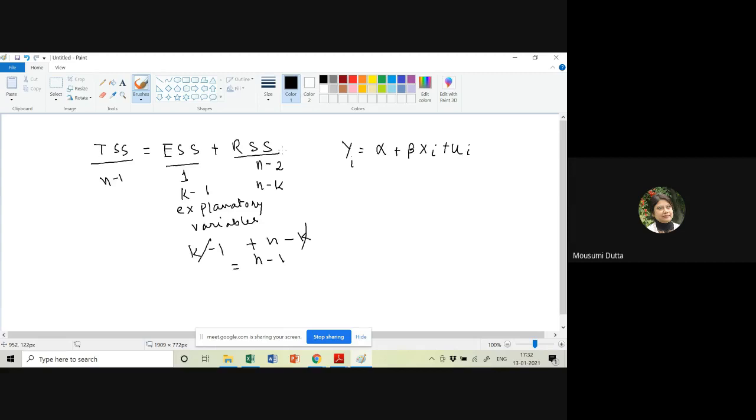The similar thing in the case of k variable analysis becomes n-k because we are losing k degrees of freedom to estimate all the parameters from beta 1 to beta k. So we have n-k degrees of freedom. And using these degrees of freedom, we can estimate some other parameters too.